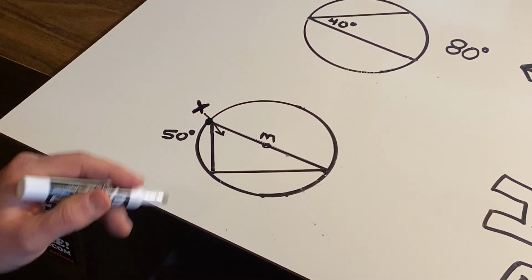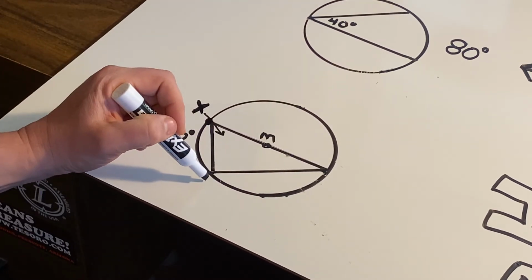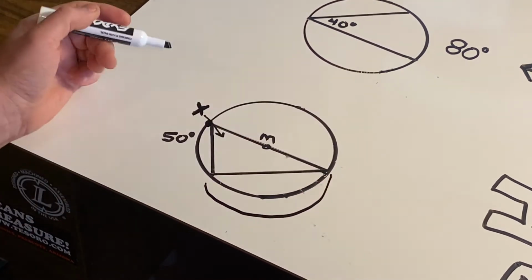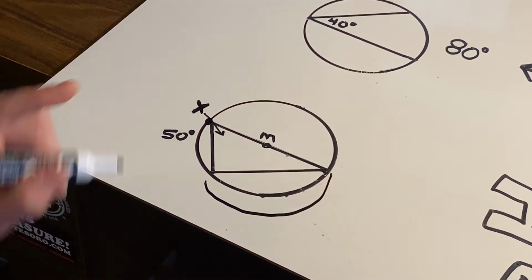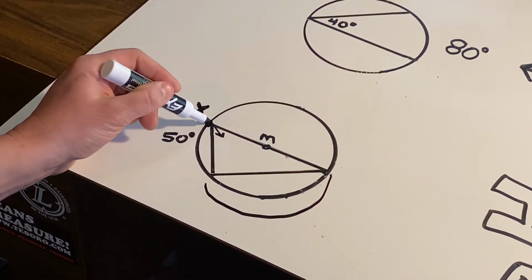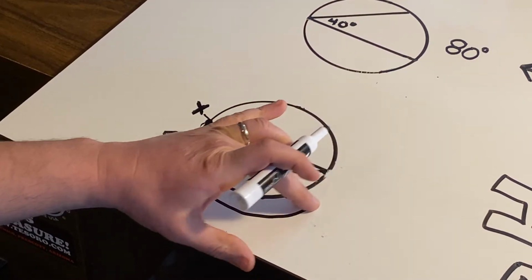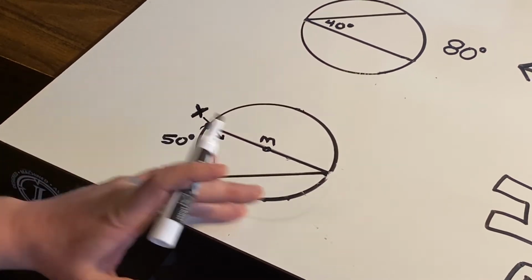It doesn't give us the measurement of this particular area. All that it gives us is the measurement of this particular arc section.